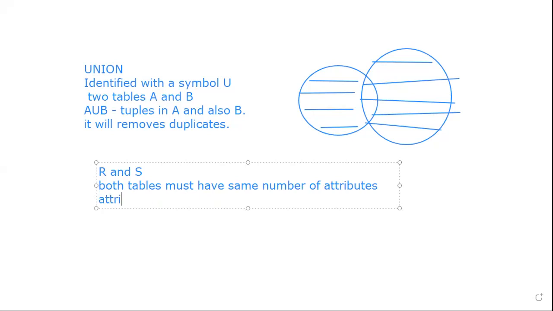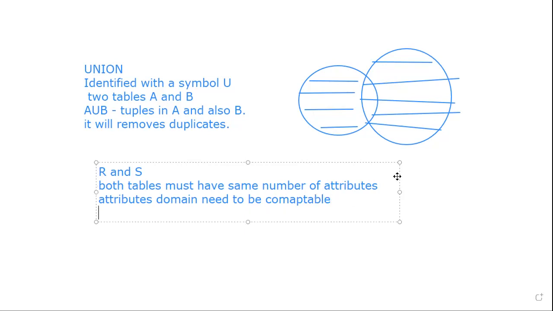Second condition, attribute domains need to be compatible. Domain means that when you take an attribute, it has some domain. For example, marks have a domain of 0 to 50 for practicals, 0 to 20 for internals, and 0 to 80 for externals.